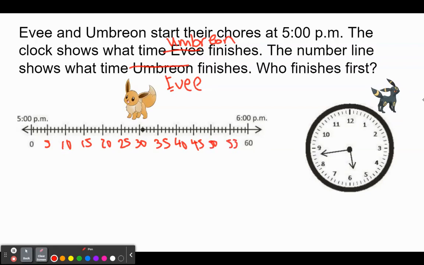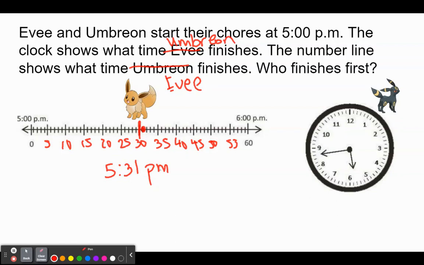So if I look over here, Evie's kind of by 30, but we're not quite at 30. We're just a little bit off of 30. And each of these tick marks, 1, 2, 3, 4, 5, shows us 1 minute. So here is Evie's time. So Evie finishes at 5 o'clock and 31 minutes, so 5:31 p.m.